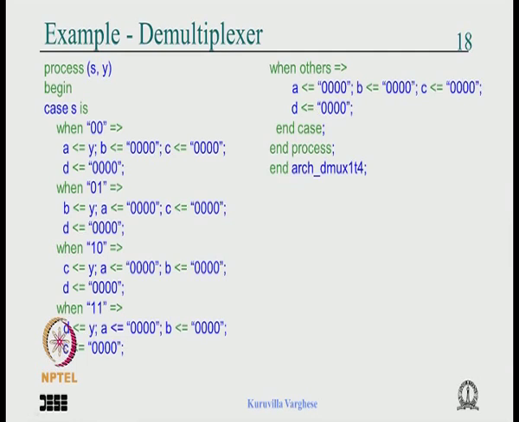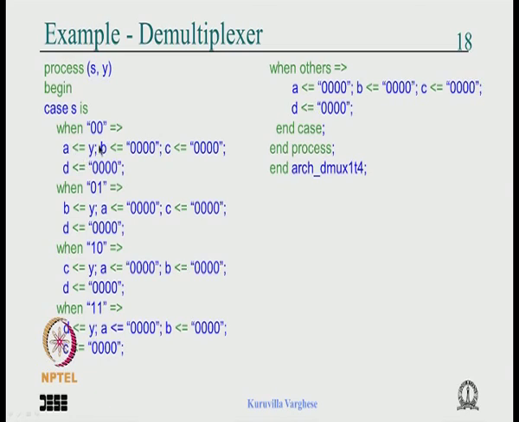The first, let us write the simplest level, the Boolean equation. You know that select line 1 is 0 and select line 0 is 0, because you have S1 and S0 in the select line, then A gets Y. So the equation is A of I, because there are 4 bits, A3, A2, A1, A0, Y3, Y2, Y1, Y0.